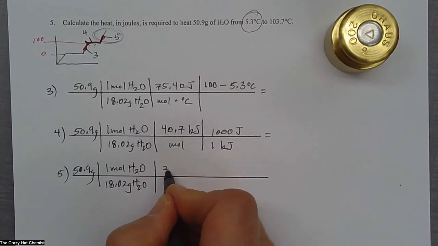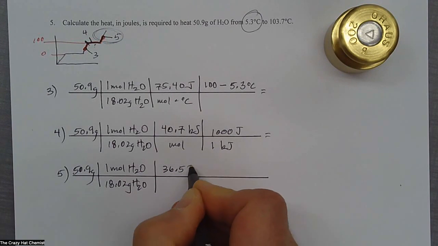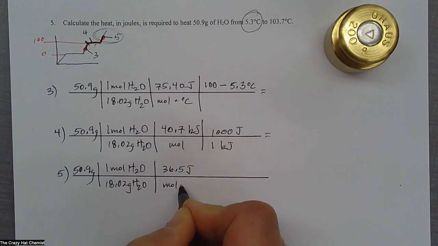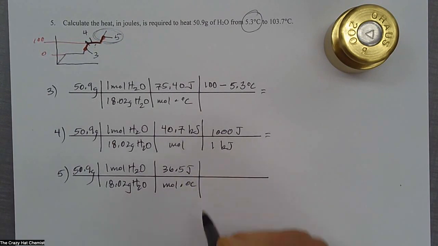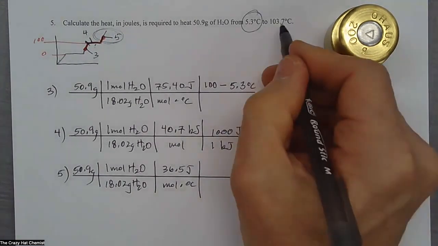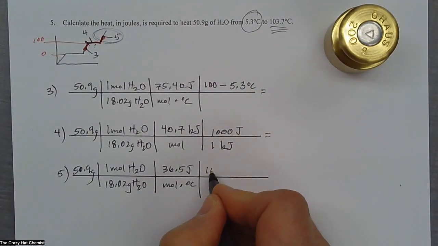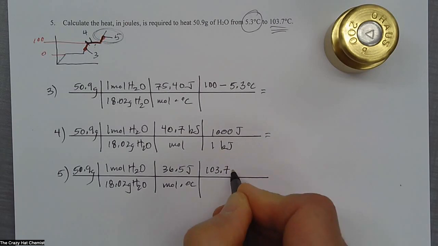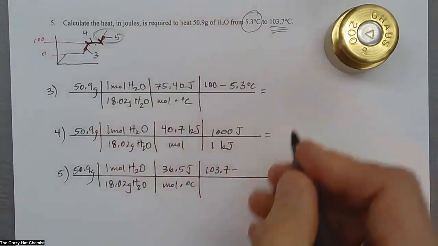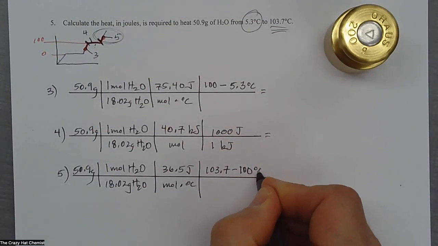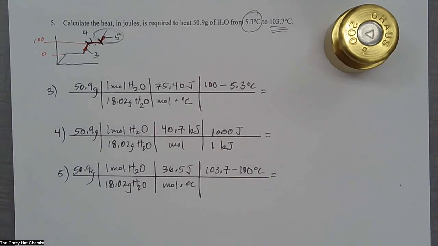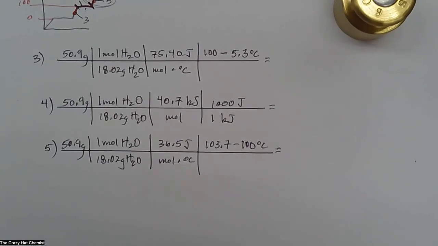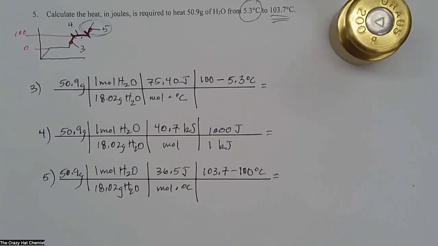And that's 36.5 joules per mole degrees Celsius. And the final temperature here is 103.7. Our initial temperature is right there at the 100. And that 100 has an infinite number of significant figures because it's defined, right? So let's zoom on in there just slightly like I had before.